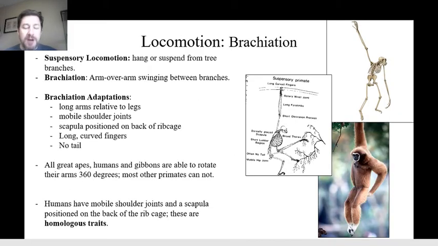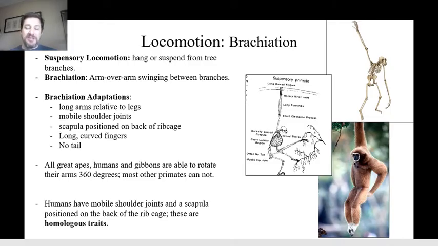Okay, another common primate form of locomotion is something called brachiation. And brachiation goes with a behavior called suspensory locomotion, which is hanging or suspending from tree branches. So when you think of a monkey, this might be the kind of thing that you think about, right? The monkey hanging from the tree.